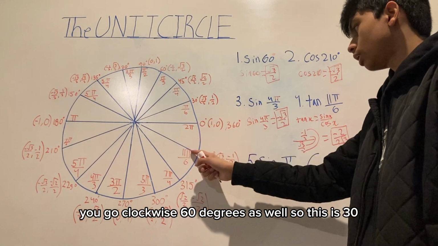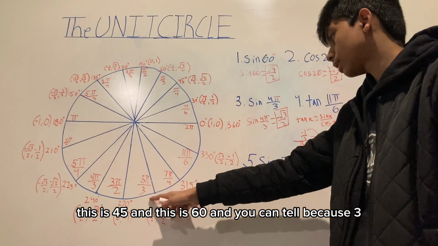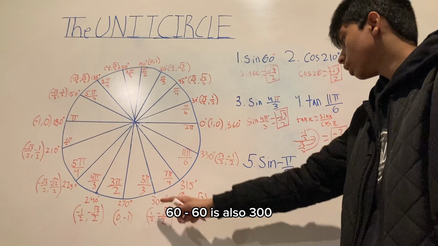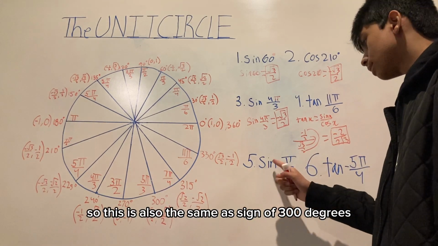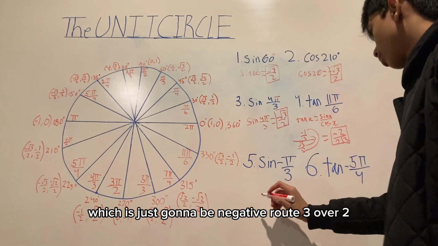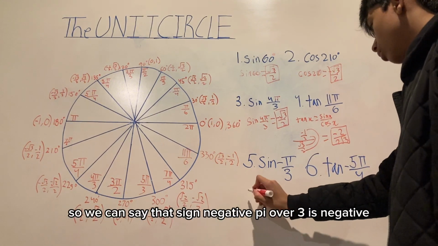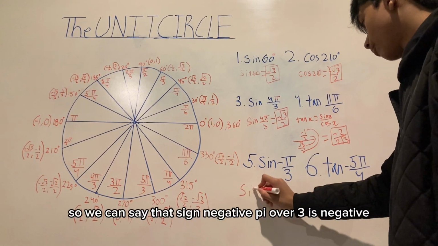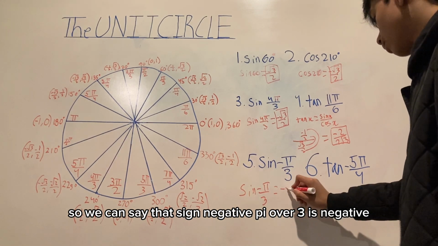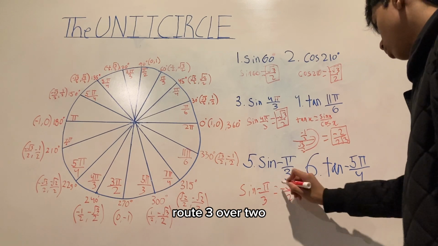So this is 30, this is 45, and this is 60. And you can tell because 360 minus 60 is also 300. So this is also the same as sine of 300 degrees, which is just going to be negative root 3 over 2. So we can say that sine of negative pi over 3 is negative root 3 over 2.